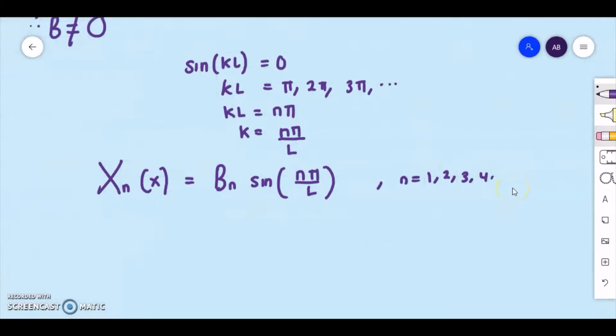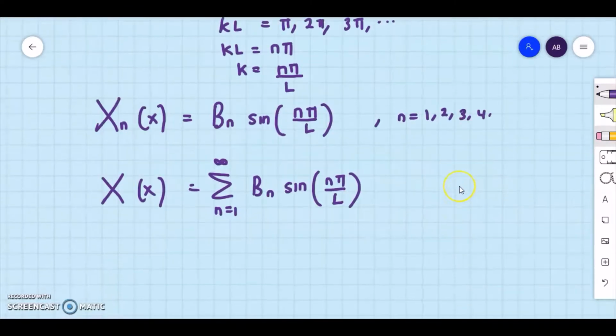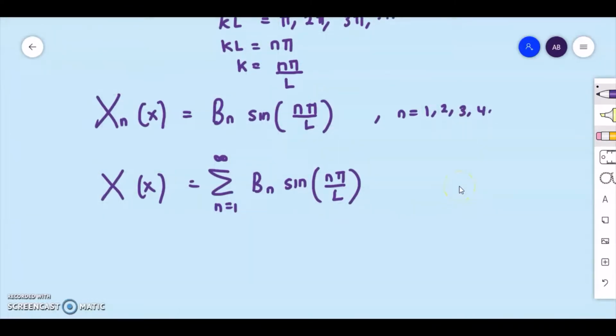I'm just going to write the summation part here, which is the summation from n equals 1 to infinity of Bn sine n pi over L. But remember that choosing lambda equals negative kappa squared gives us the non-trivial solution, called the eigenfunction. Now we gotta recall that earlier we also have the function involving t, right?